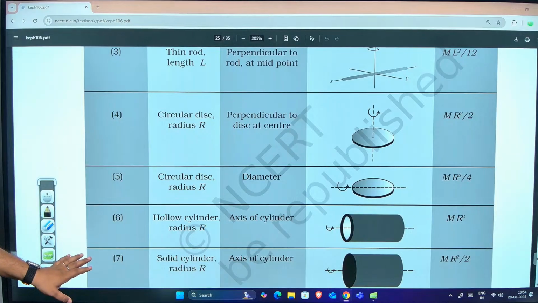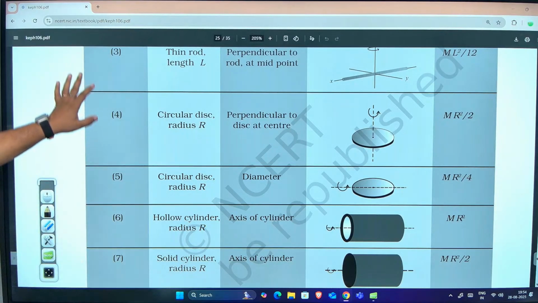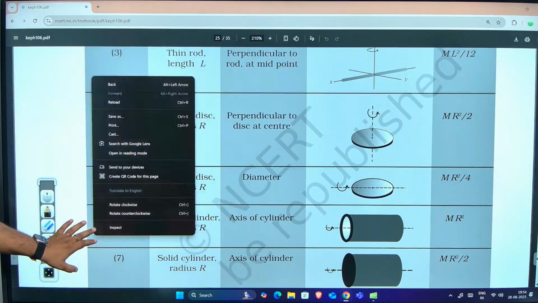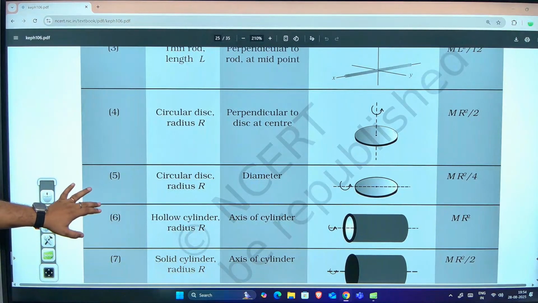Copied? After 3, I said 4, I said 6 and I said 7, and obviously 8 also.